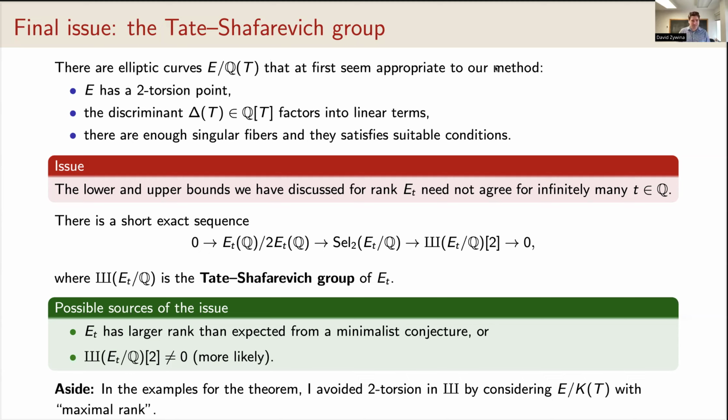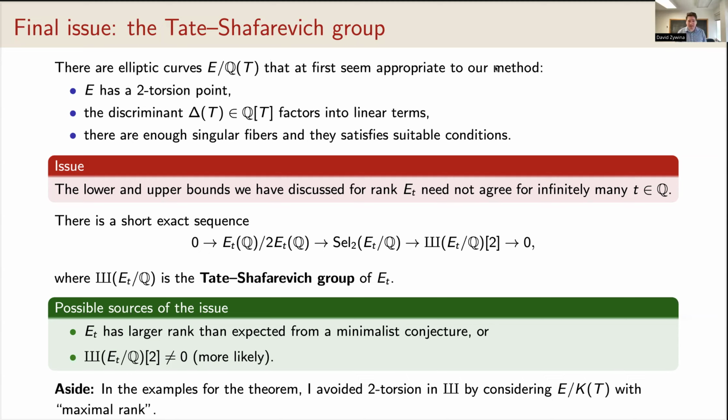And as I'm considering infinitely many T, I don't really have the ability to actually check what the obstruction is. Are there more points I'm missing, or is it this Sha that is making my upper bound too big? In the example of the theorem I have, I avoid Sha. The Tate-Shafarevich groups don't have nontrivial 2 torsion in the families I consider.